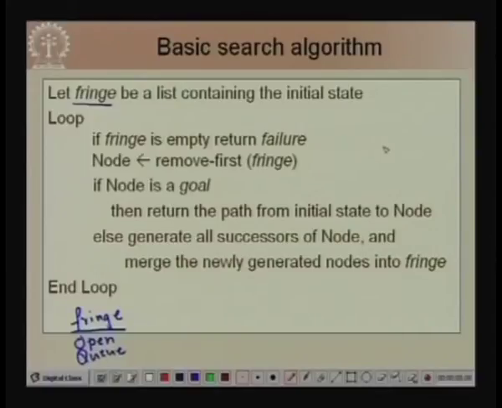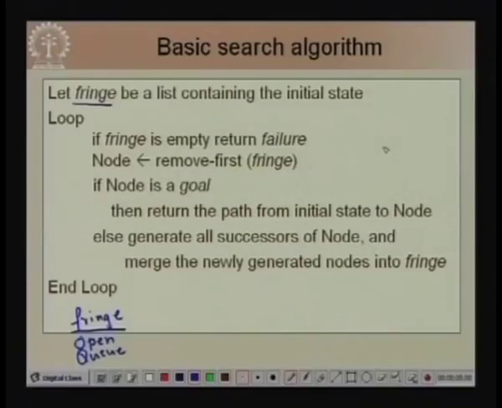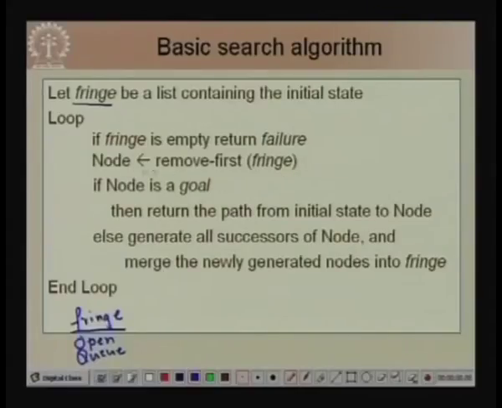If fringe is empty, return failure, that is no goal found and no node remains to be expanded. Otherwise, the algorithm removes the first node from the fringe, and let us call this node.